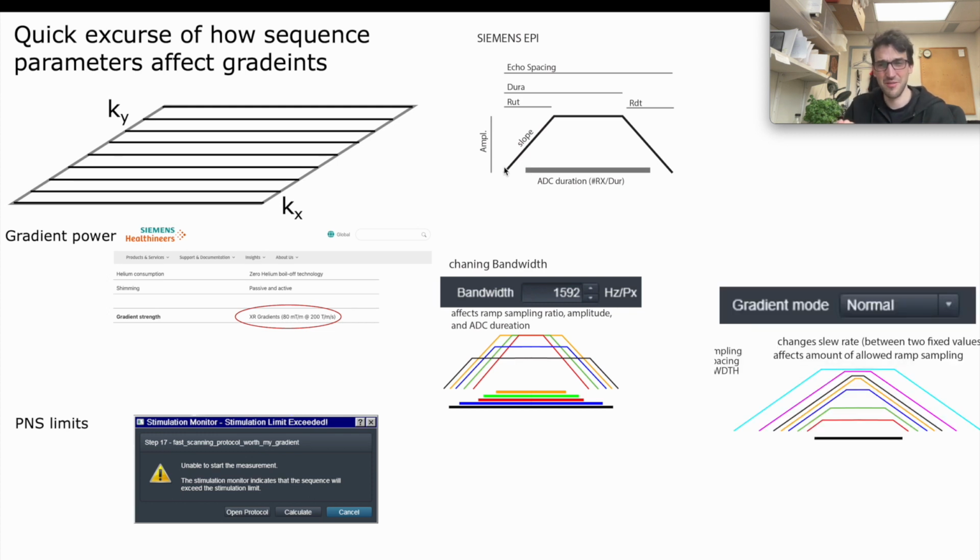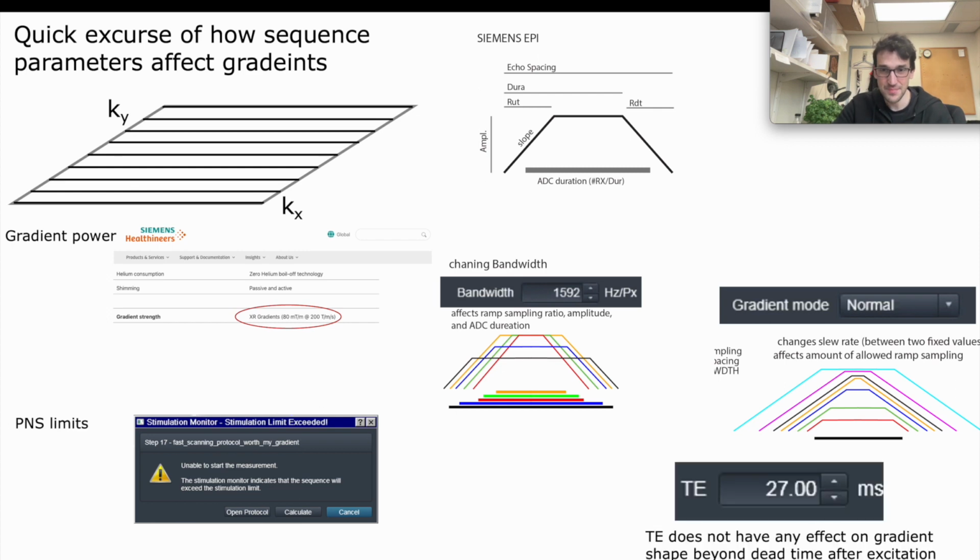There is one kind of binary approach too, namely the gradient mode, which literally determines the slope. The slope for a given gradient mode, normal or fast, is always the same, independent of the bandwidth. If you make it normal and not fast, then it also allows you to use a higher ramp sampling.